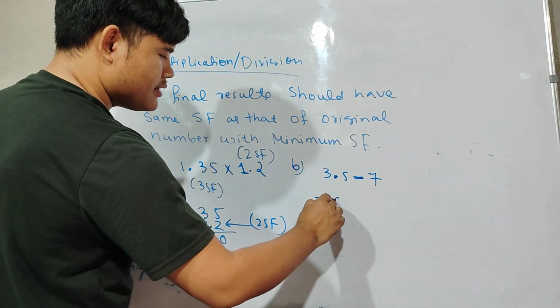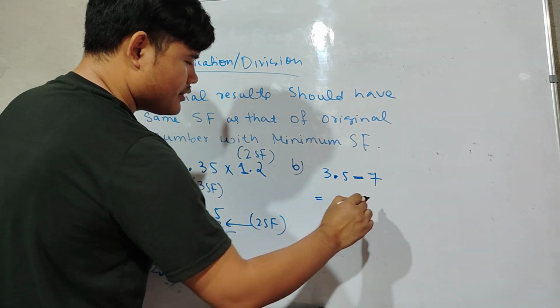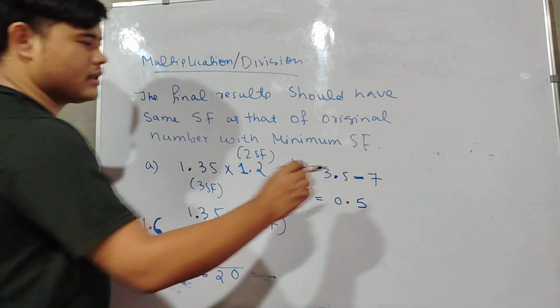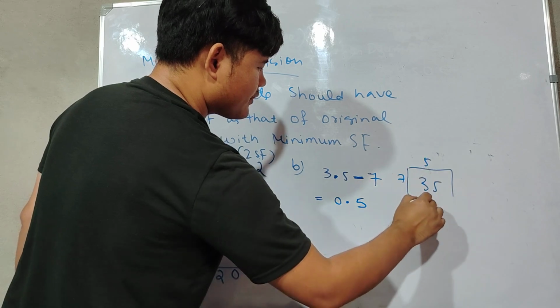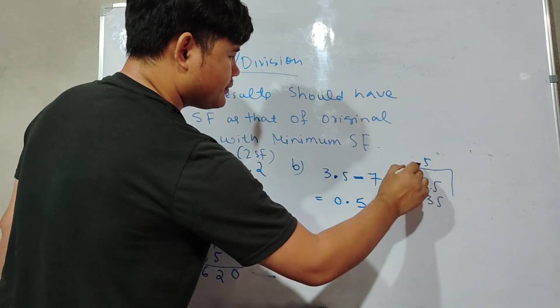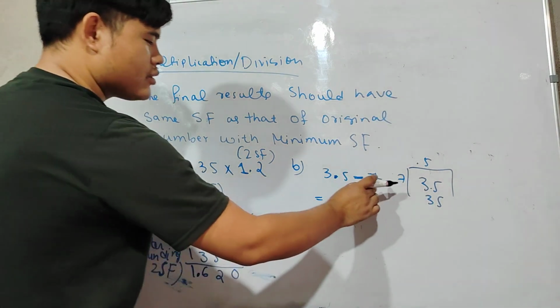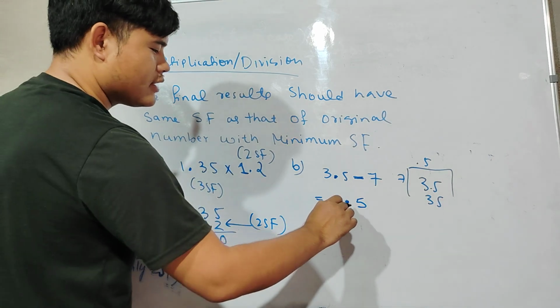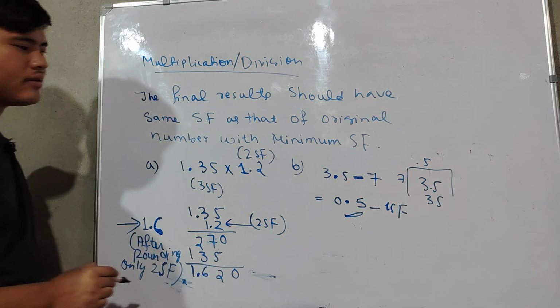You will get 0.5, right? 7 times 5 is 35, so the answer is 0.5. Now how many significant figures? We have only one significant figure, so this one is the correct one.